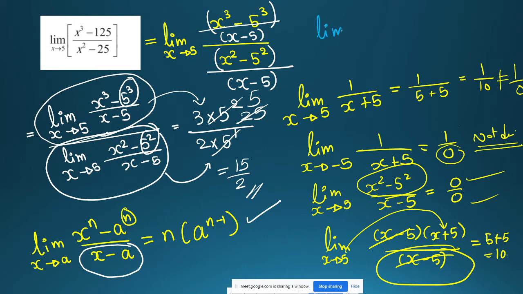Limit x tends to 2, x square minus 4 divided by x raised to 4 minus 32. In place of 32, 16 will come. Now it is looking good.